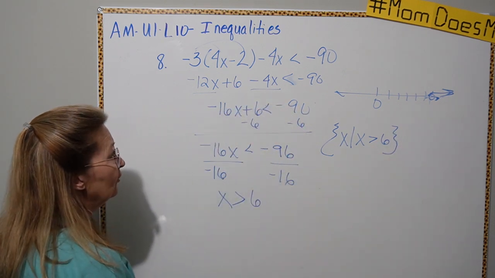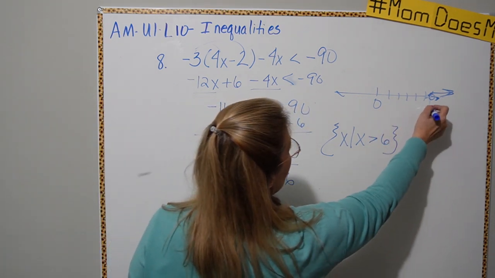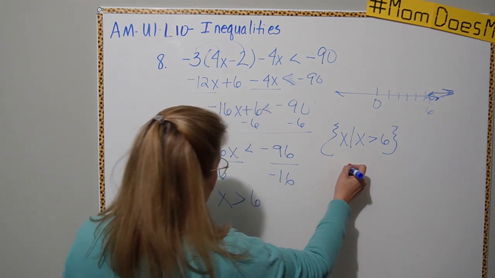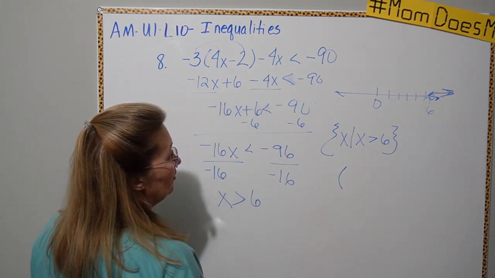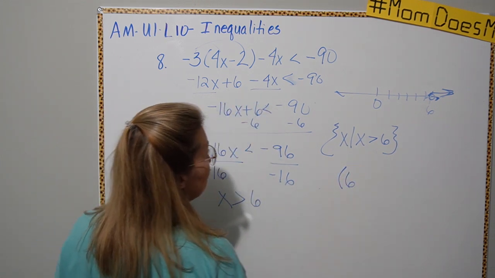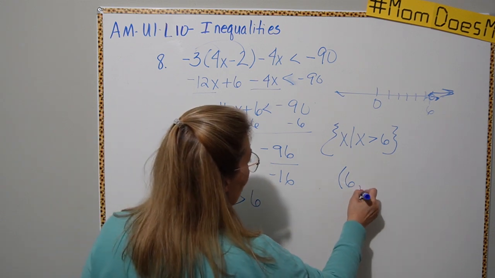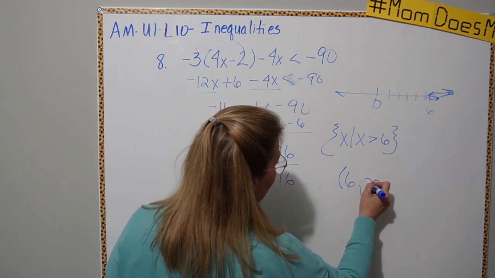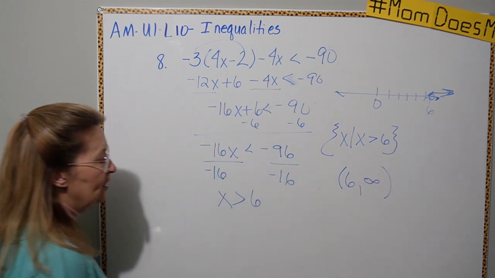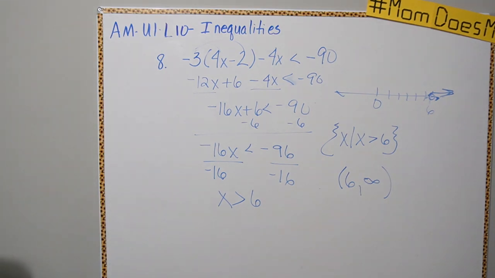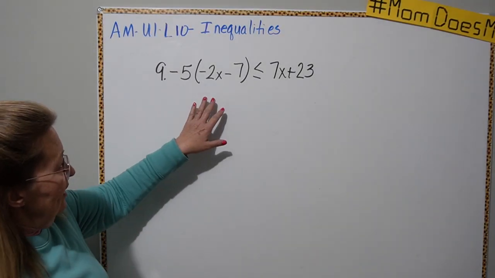And then our interval notation, we'll look at what it does on the number line. It starts with an open circle, so that's a parenthesis. It starts at number 6, and what's over on the right-hand end is the positive infinity, so we need a parenthesis, okay?